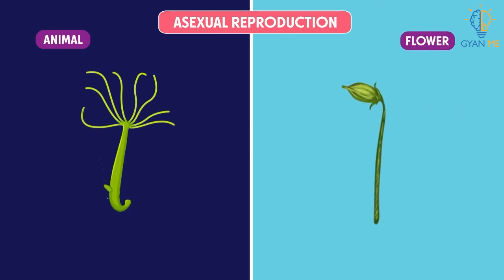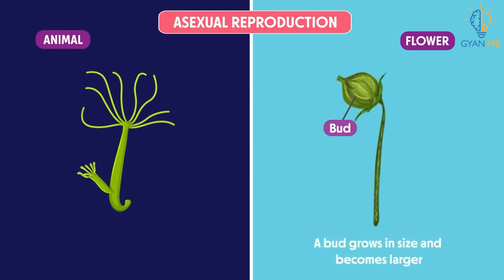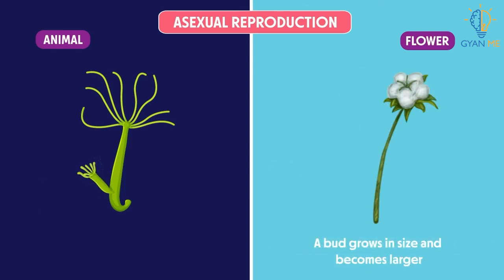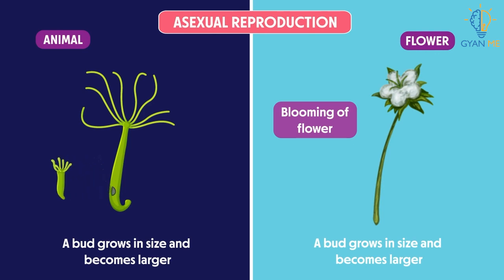In flowers also, buds are small, closed, and are miniatures of full-blown flowers. With time, they grow in size, become larger and open up, which we call the blooming of flowers. Similarly, a bud on an animal grows, develops and becomes a full-grown new individual.